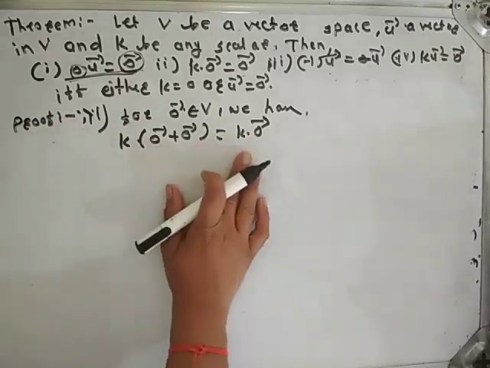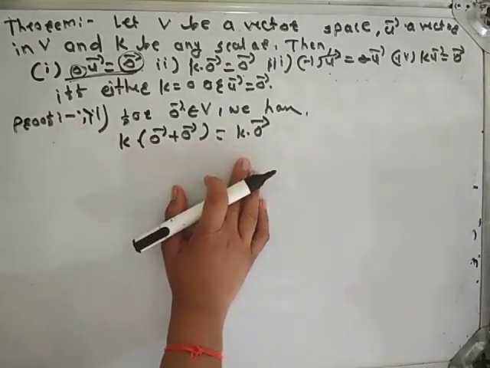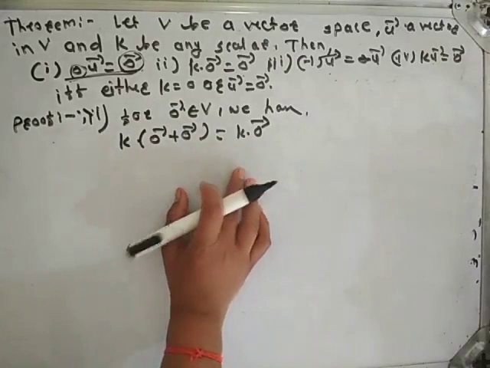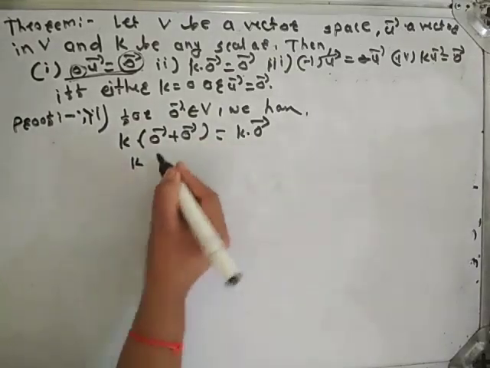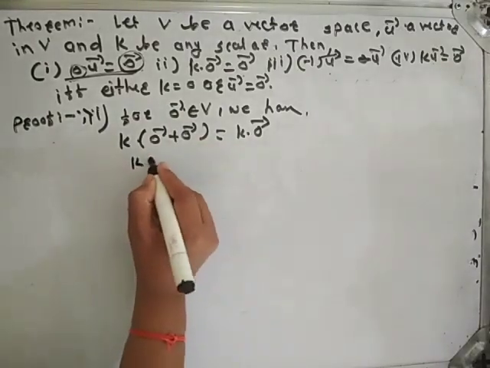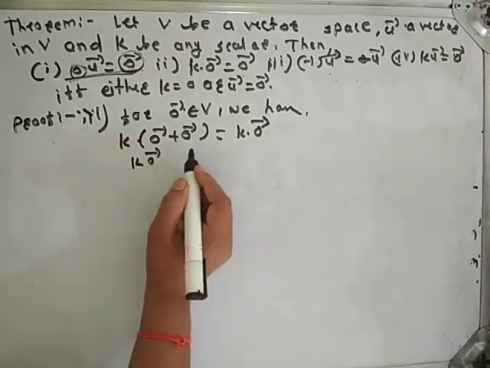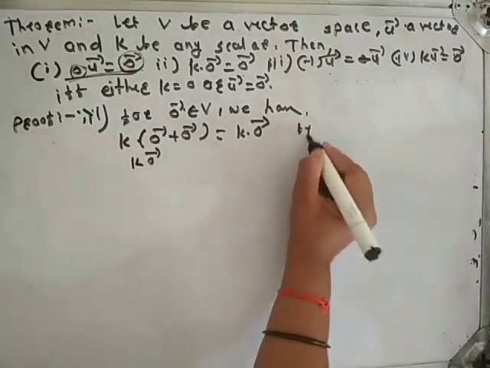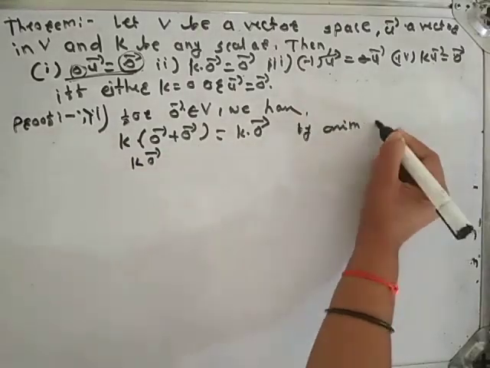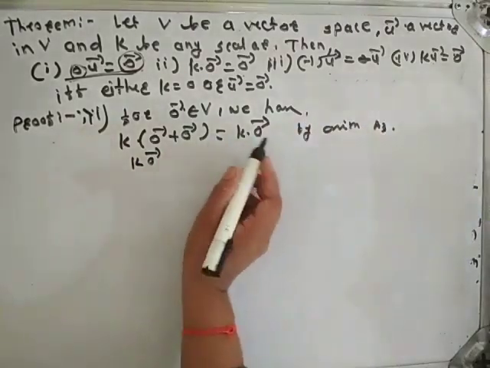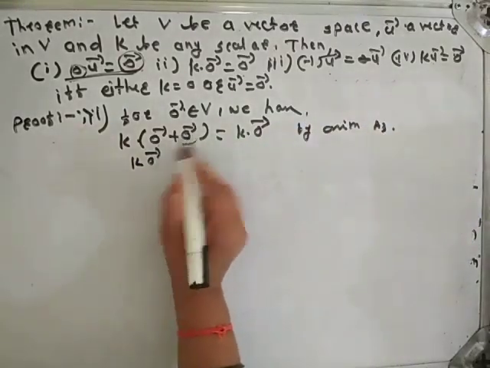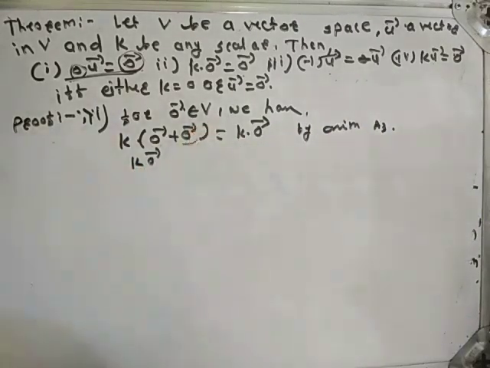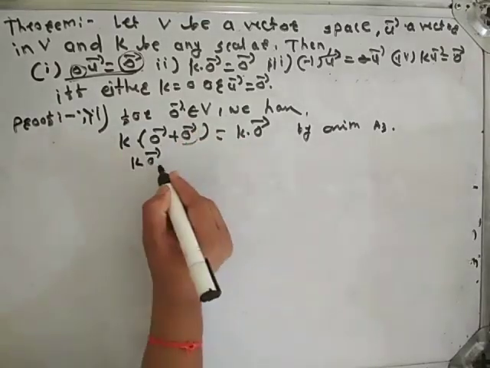Multiply on both sides by k. So we will get this by axiom A3. Why A3? Because 0 bar is a 0 vector in V.